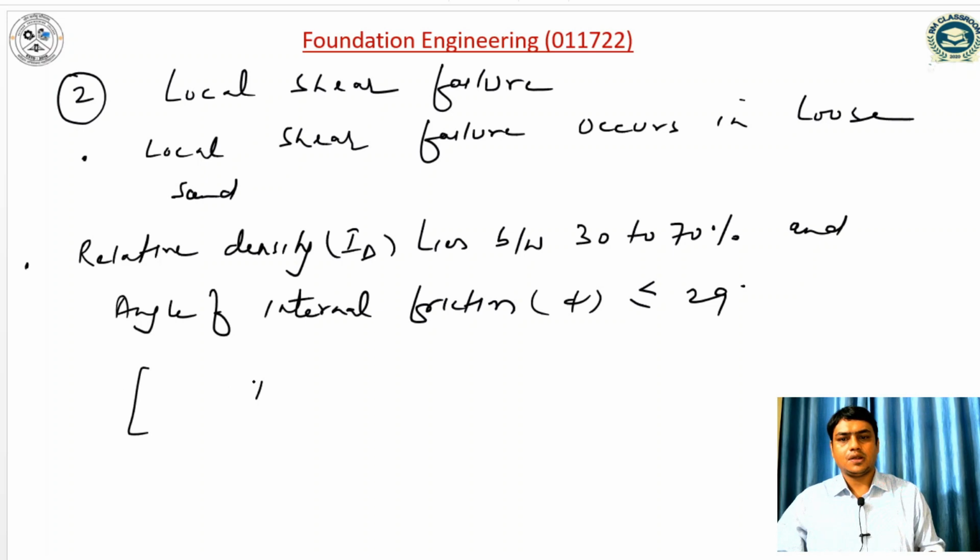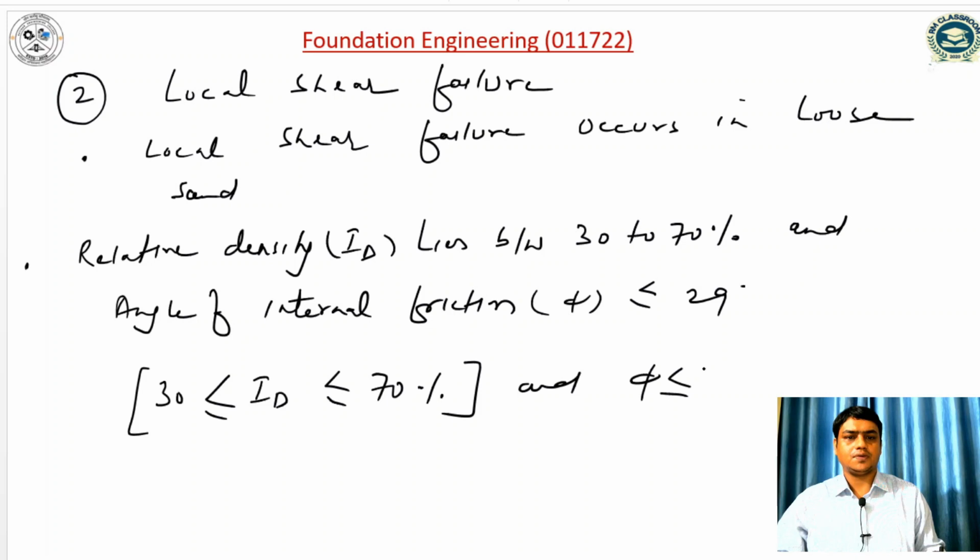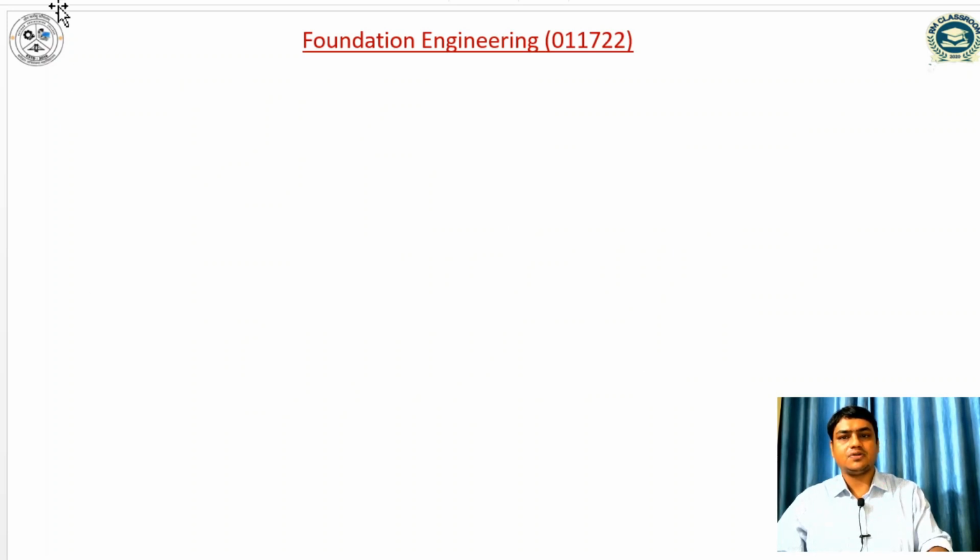That is, ID lies between 30 to 70%, and phi is less than or equal to 29 degree. So the first property of local shear failure is that it occurs in loose sand, with relative density between 30 to 70% and angle of internal friction less than or equal to 29 degree.